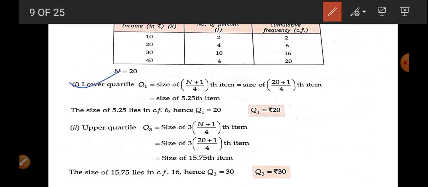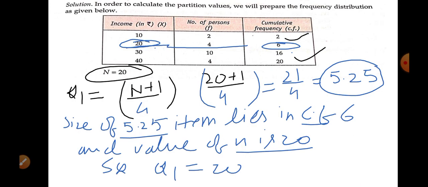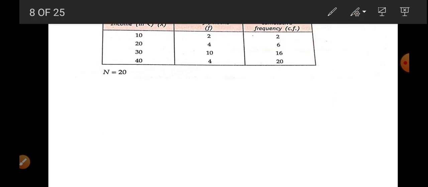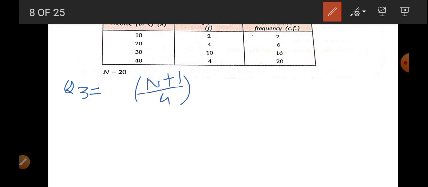Now we are going to calculate Q3. Q3 is known as the upper quartile. For Q3, we are going to generate the equation. First write the basic equation, n plus 1 upon 4, because quartile divides into 4 parts, and write this 3 outside. Now it will be 3 times (20 plus 1) upon 4.